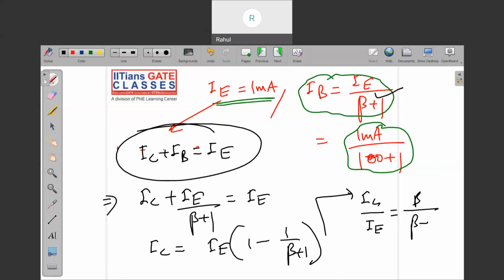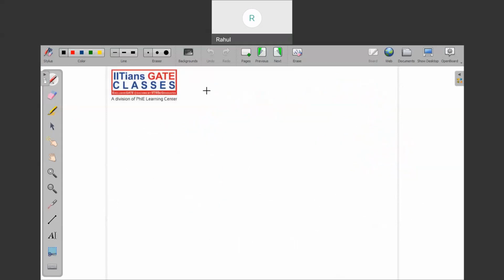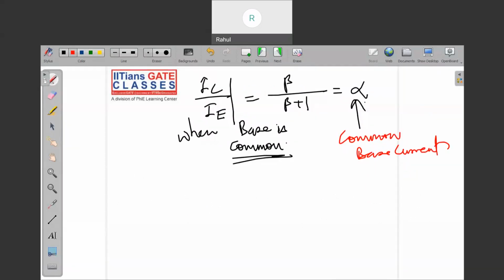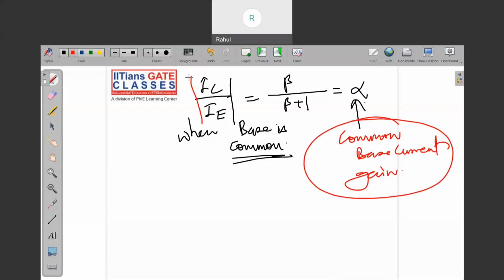So we know that when the base is common, it gives you the relation beta by beta plus 1, the common base current gain.